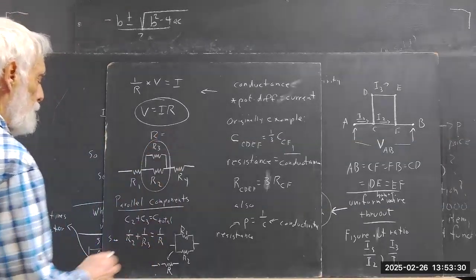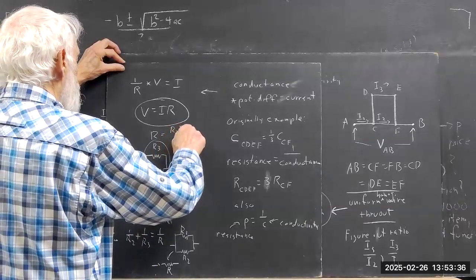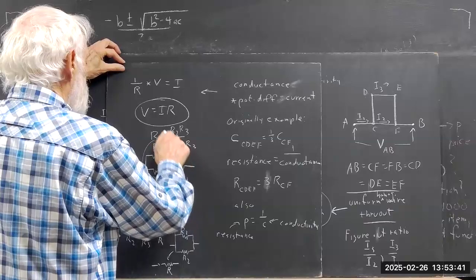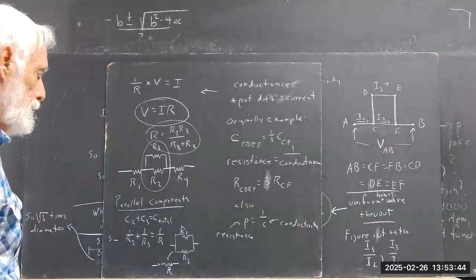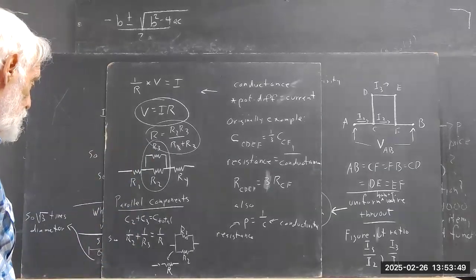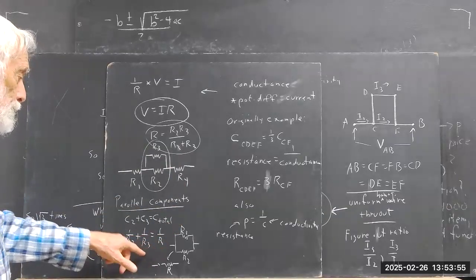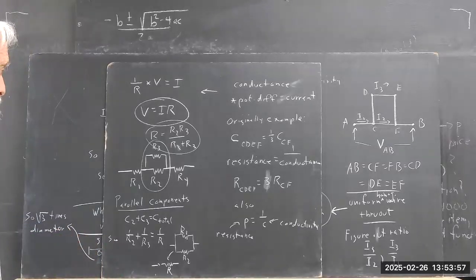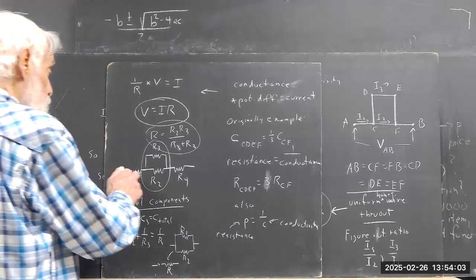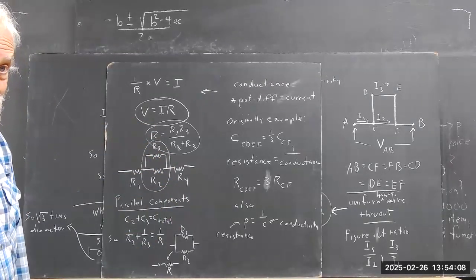And if you solve this for R, you do the reciprocal of the whole thing, and you get R2 R3 over R2 plus R3, and you can do that algebra very easily, and you should. Okay. You know, just take the reciprocal of both sides or whatever you want to do, and multiply through by a common denominator, R times R2 times R3. And work it out. Then the total resistance here, turns out you just add three resistances.